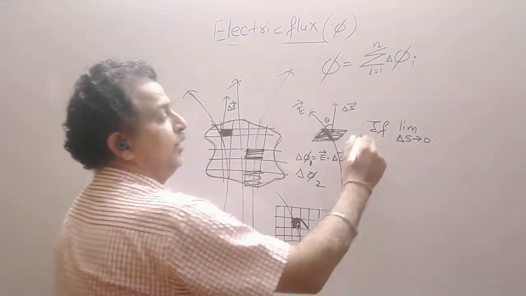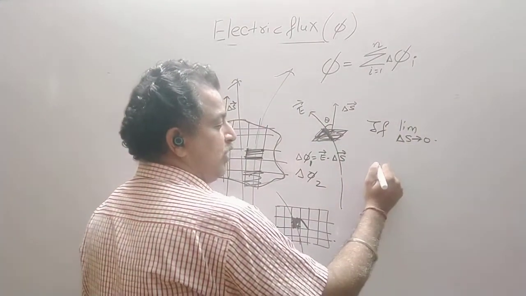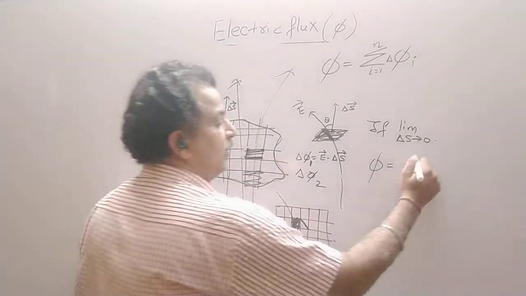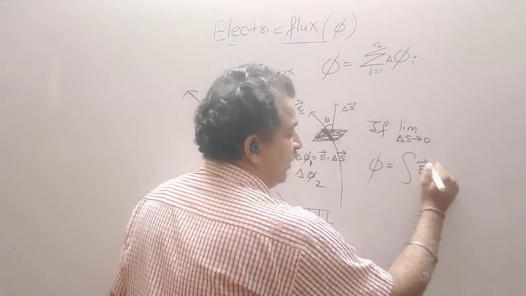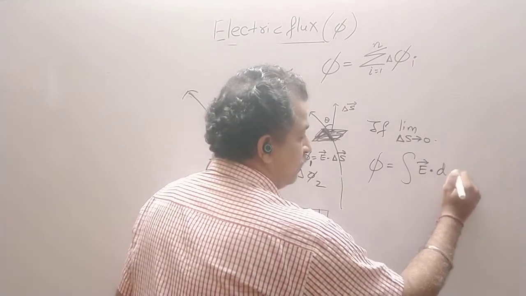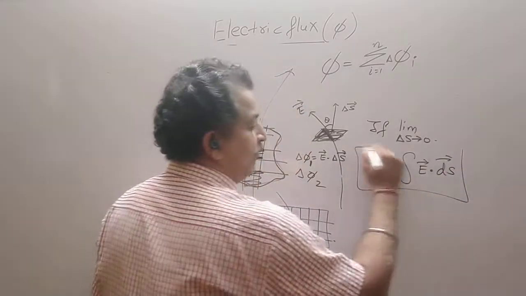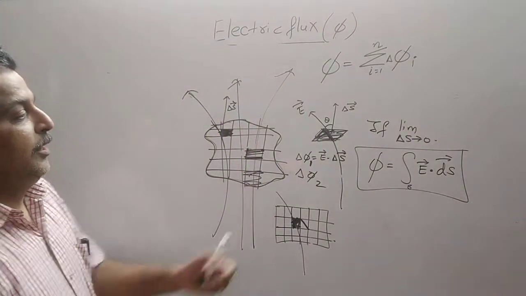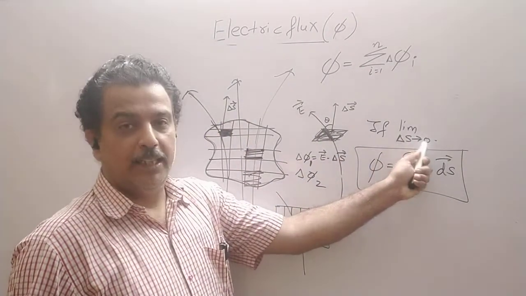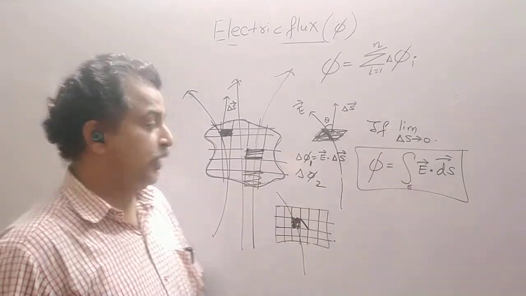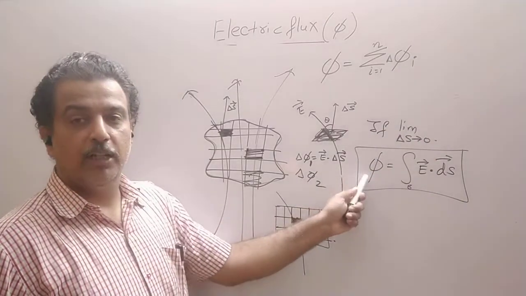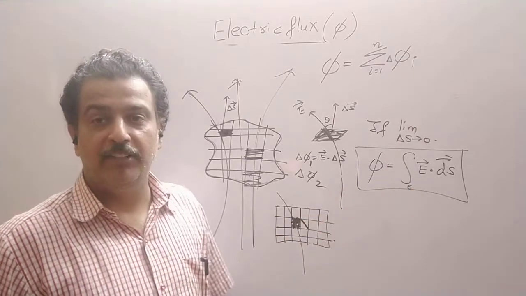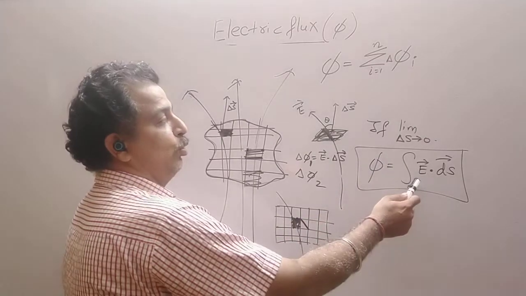And if limit delta S tends to 0, then the flux linked with the entire surface becomes a surface integration of the electric field intensity. So if the area element is very small, that is limit delta S tends to 0, then the total flux linked with the closed surface will be the surface integration of electric field intensity taken over the closed surface.